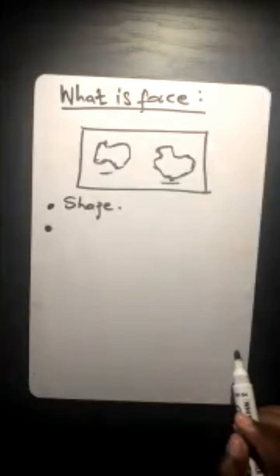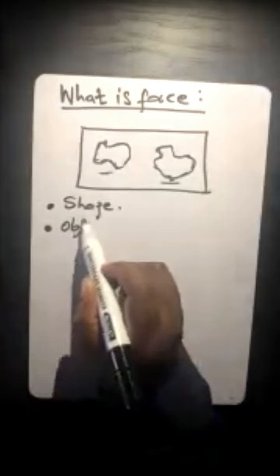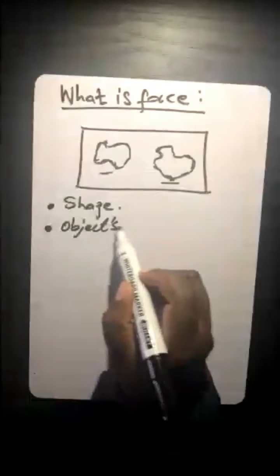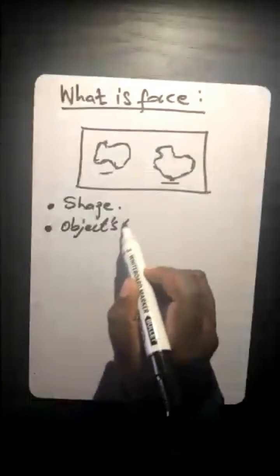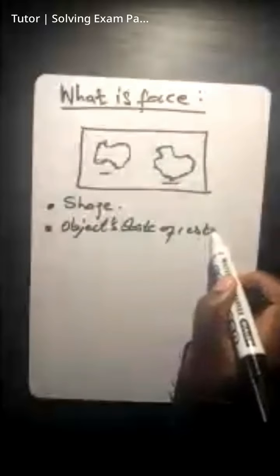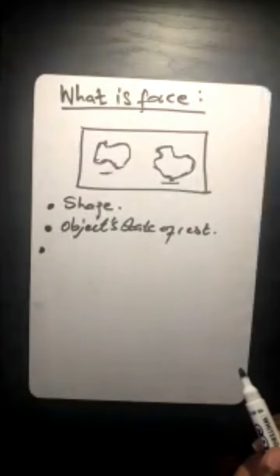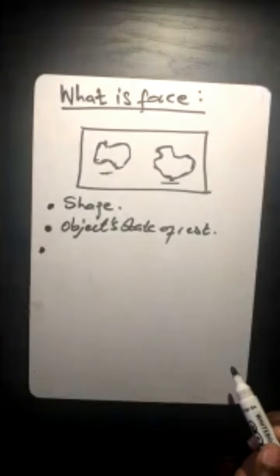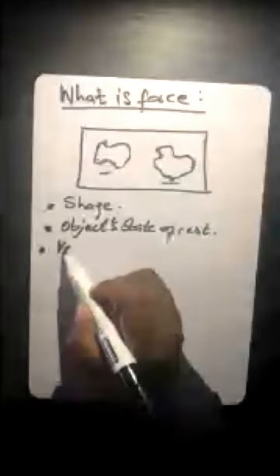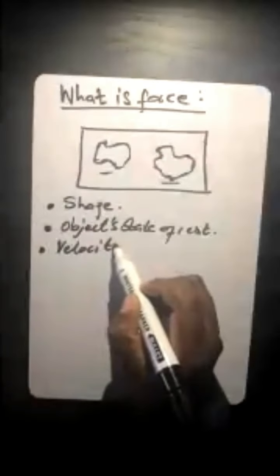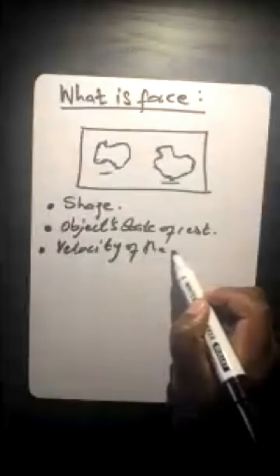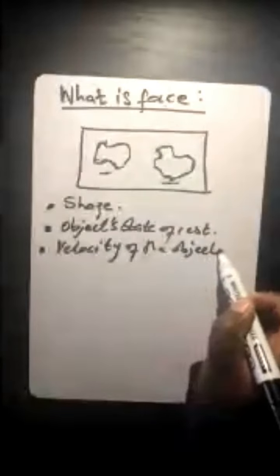Obviously, the object's state of rest. So you can just say object state of rest. The other one, guys, I think the velocity of the object could also change. So let's say the velocity of the object.